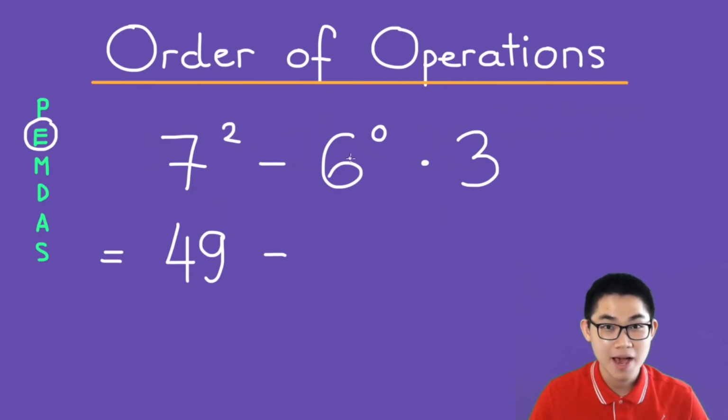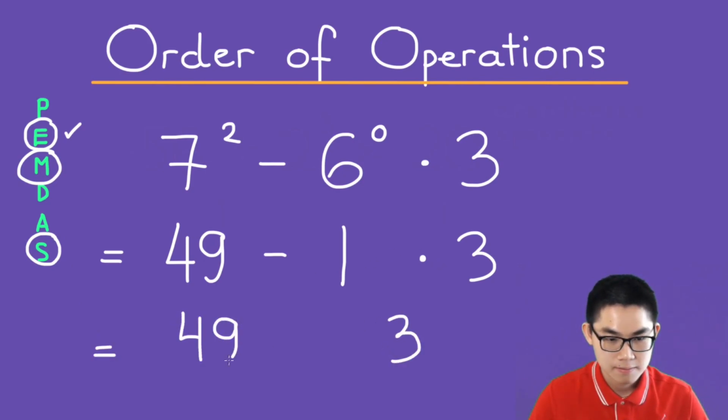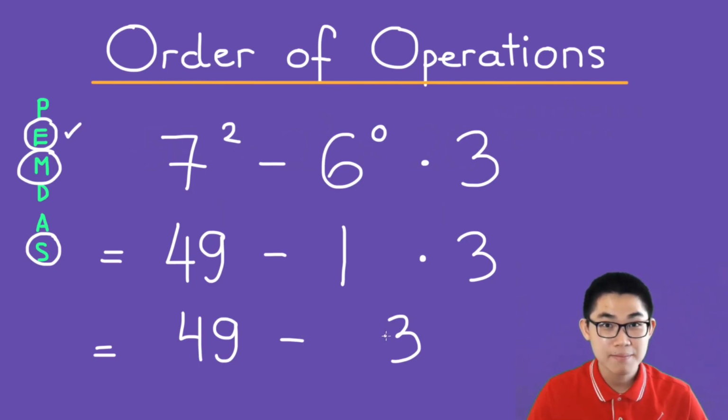And 6 to the power of 0 is what? It's going to be 1. Now we see multiplication and subtraction. We have to do multiplication first. So 1 times 3 gives you 3. And 49 minus 3 is 46.